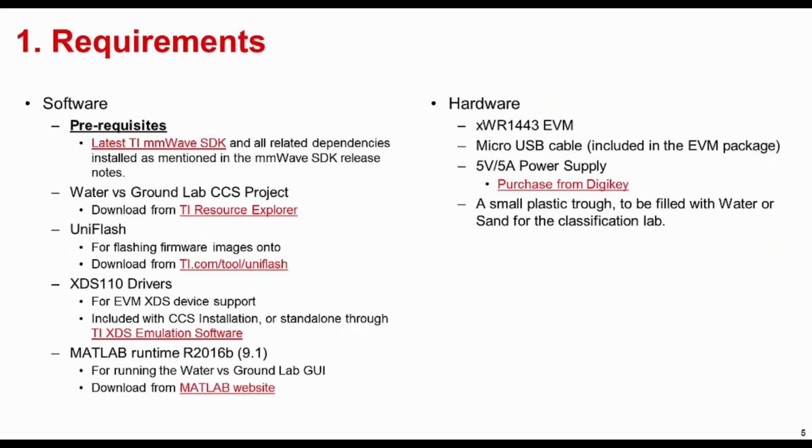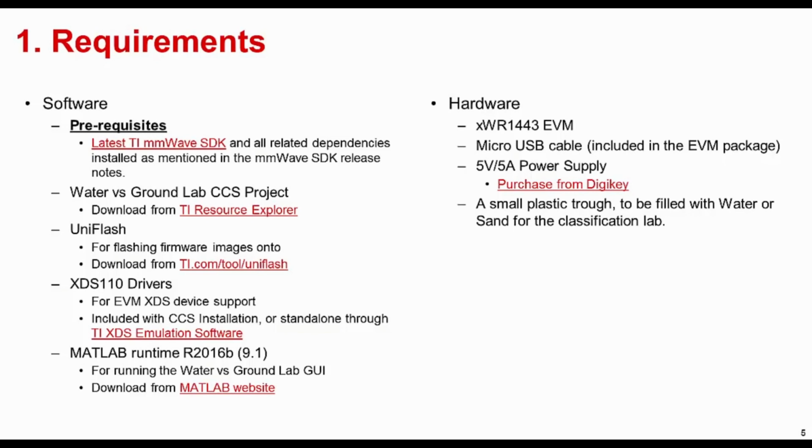Please ensure that the required software packages as listed here are installed on your Windows PC. Please download and install the latest TI mmWave SDK and all the dependencies listed in the SDK release notes. These are needed to compile the lab source code. The Water vs. Ground lab source and CCS project can be downloaded within CCS using the TI Resource Explorer. You will also need UniFlash to flash firmware images onto the EVM.